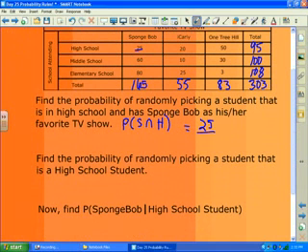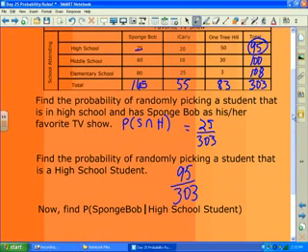So that would be my 25 out of my total students of 303. Okay? All right, next. Find the probability of randomly picking a student that is a high school student. Correct. That would be my total of high school, which is 95 out of my 303.